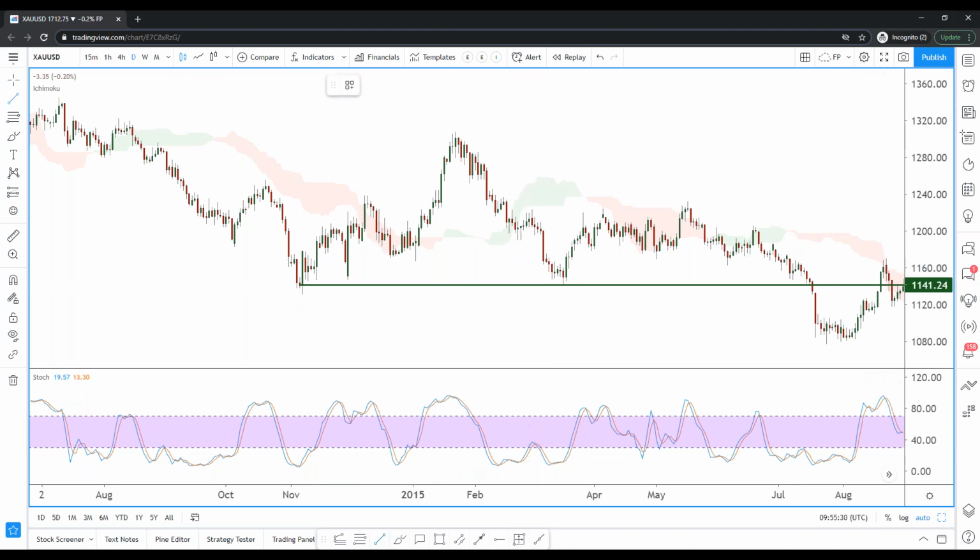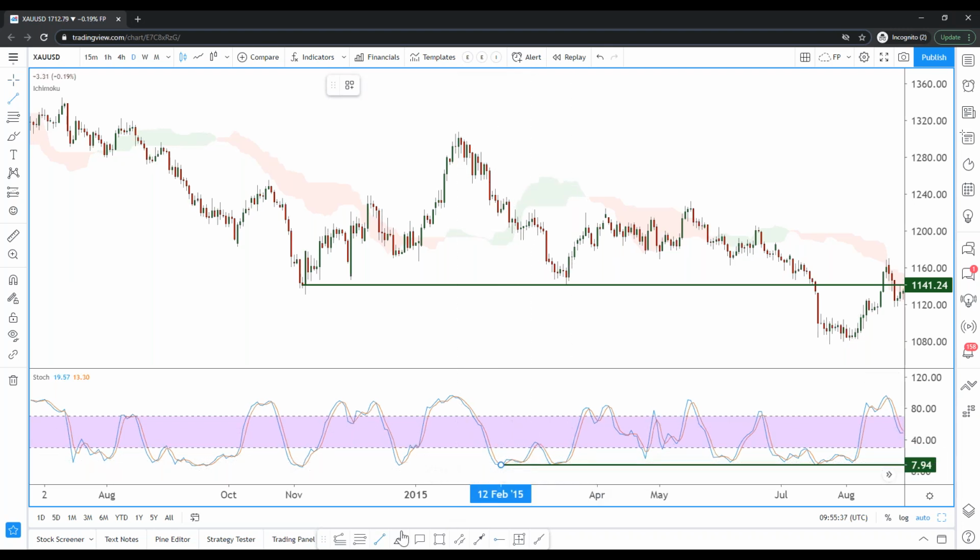So for example, we see on stochastics, this is the support level that we have, and this is the bullish divergence that we found, where prices are forming lower lows and stochastics are forming higher lows. So this is a bullish divergence, but what is even more valuable is that we have a key level here. It's all in price.